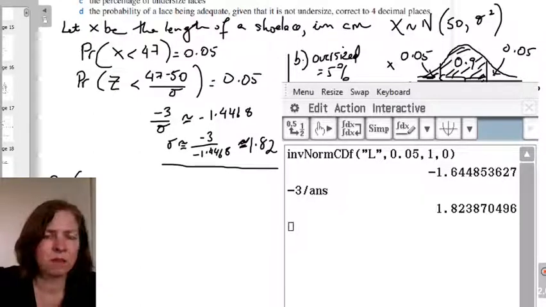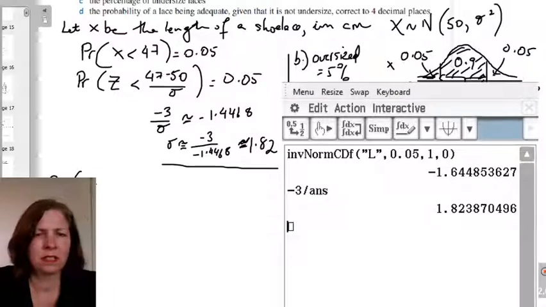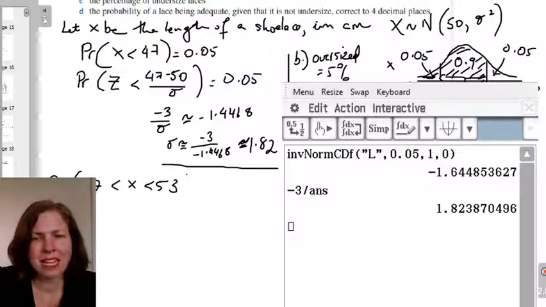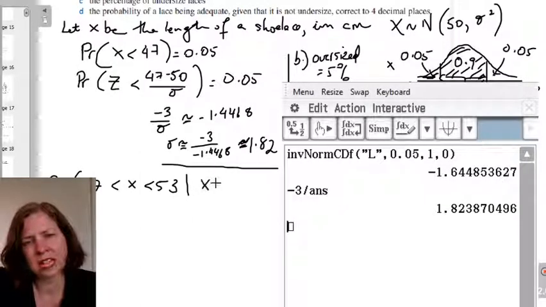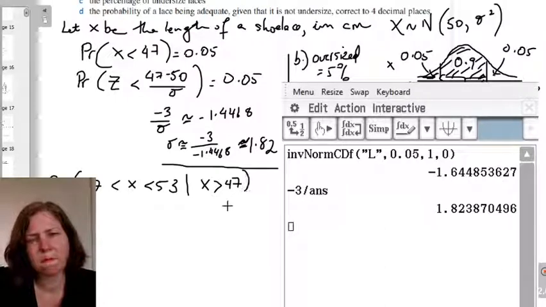In other words, the probability that it's between 47 and 53. So 47 is less than x is less than 53, but given that it is not undersized, in other words, given that it is greater than 47.